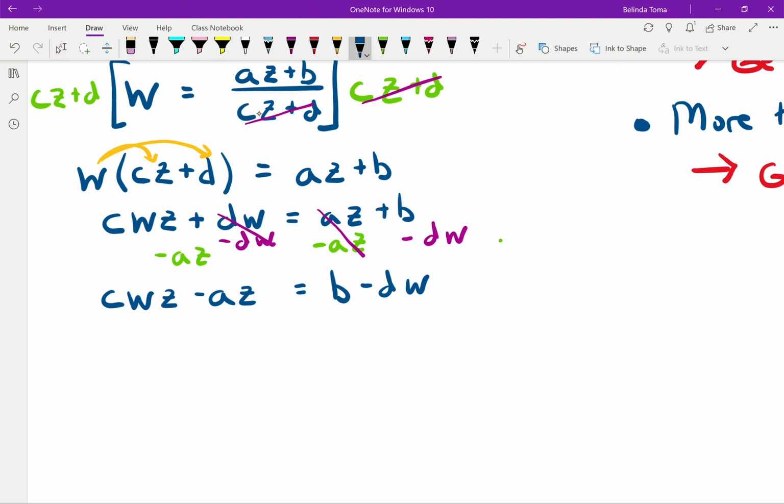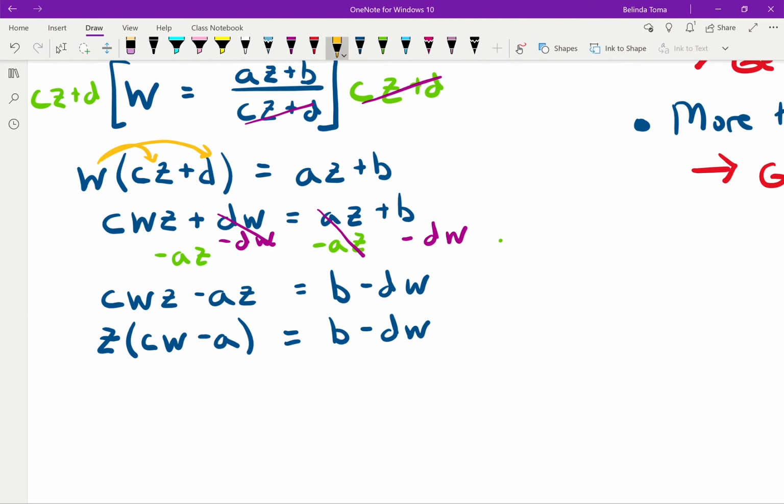But because there's a Z in both terms, it's the opposite of what we did up here when we distributed the W. Here, we're taking out the Z, and we're going to be left with just CW minus A. Hopefully you can see that if I distributed there, I would have gotten what was in the line above. What that does is it allows me now to have the Z all by itself.